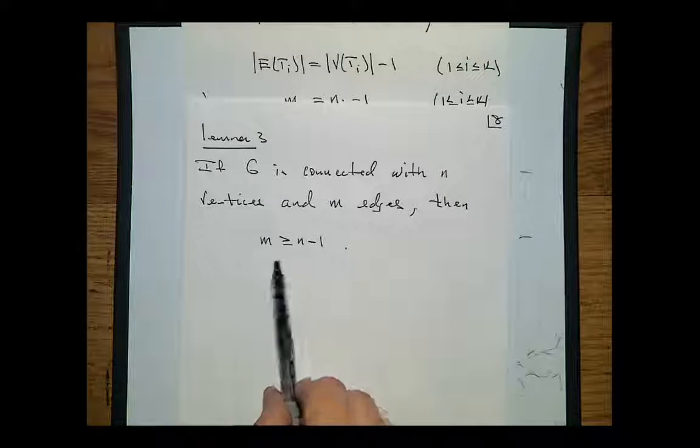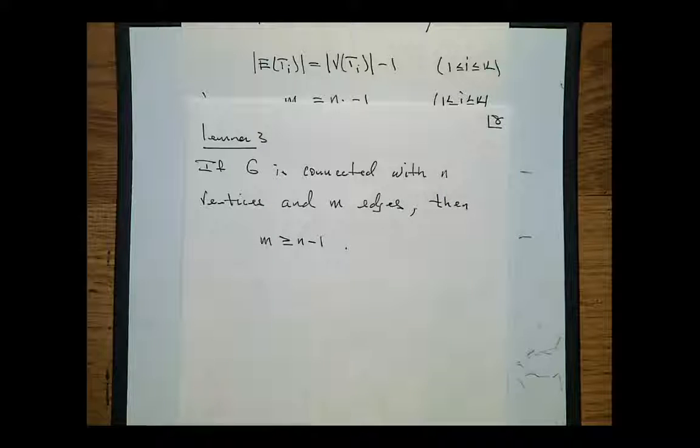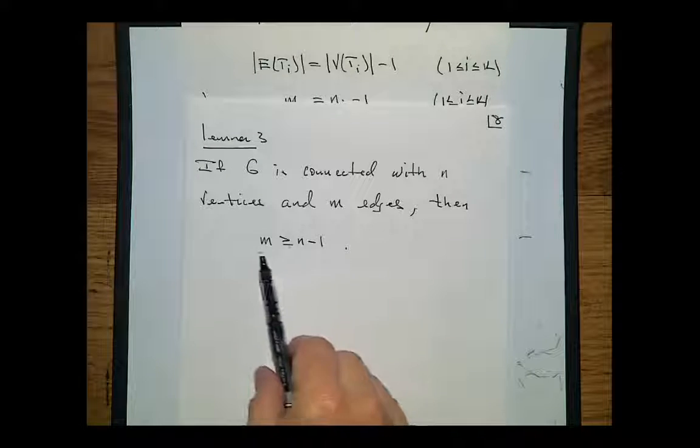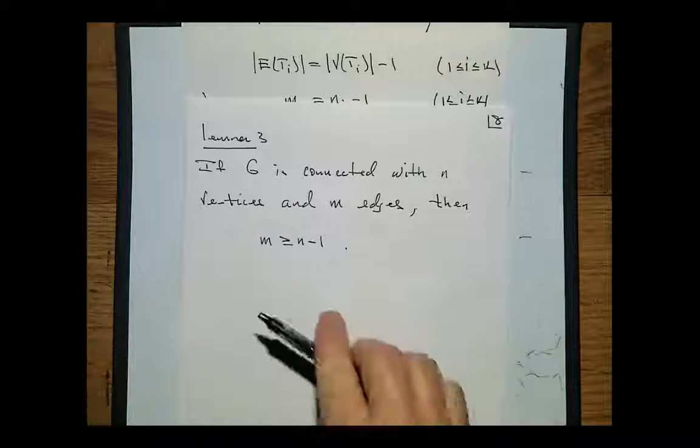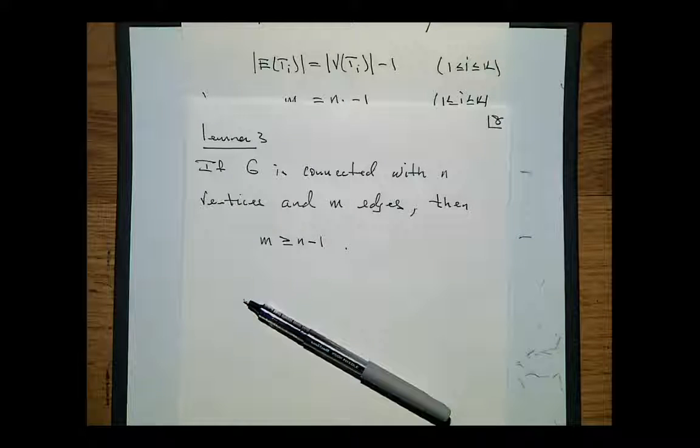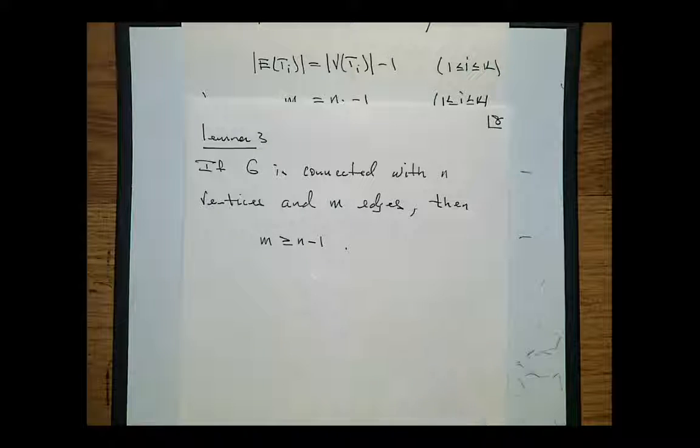So if m is equal to n minus 1, it's certainly greater than or equal to n minus 1. So we've generalized in another direction, right? In lemma 2, we dropped the requirement that the graph be connected, but still acyclic. In lemma 3, we dropped the requirement that the graph be acyclic, but it's still connected. So we get an inequality in this case.